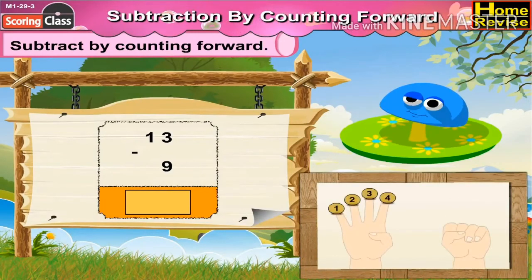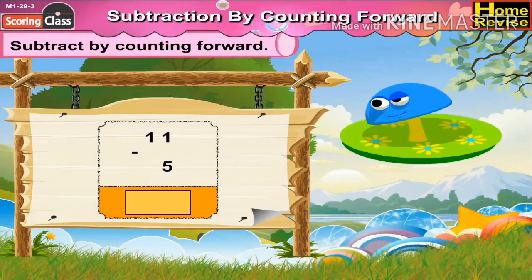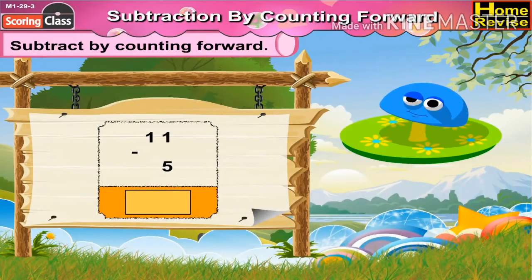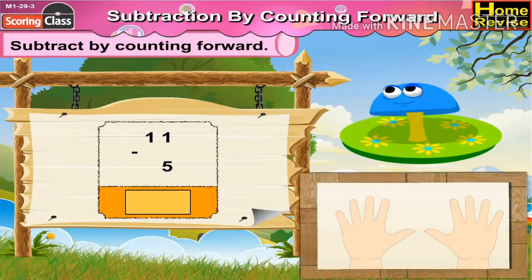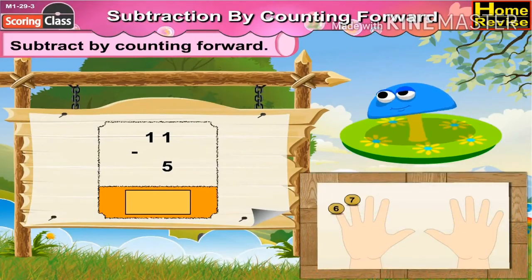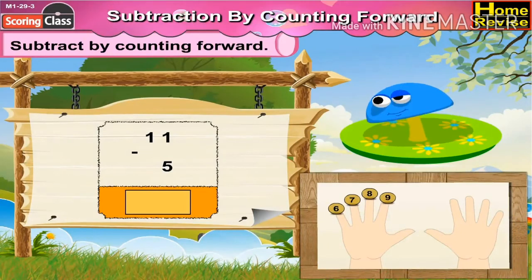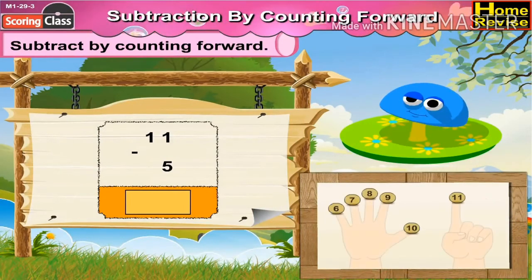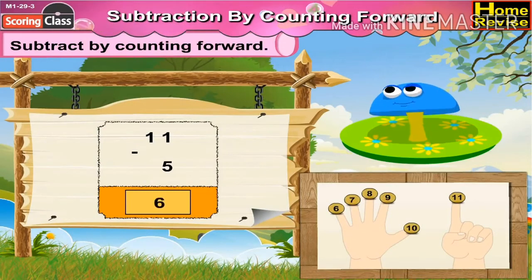That is 4. So 13 minus 9 is 4. 11 minus 5 is dash. By counting forward, it is 6, 7, 8, 9, 10, 11, which is 6. 11 minus 5 is 6.